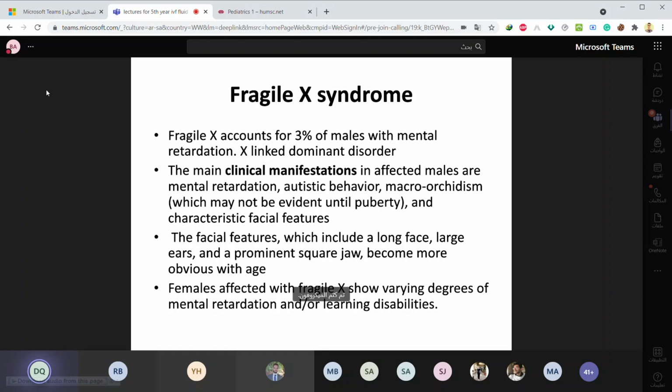Females affected with Fragile X show varying degrees of mental retardation and learning disability. So if you find a patient with mental retardation, autistic features or behavior, you have to look for chromosomal abnormality like Fragile X syndrome.